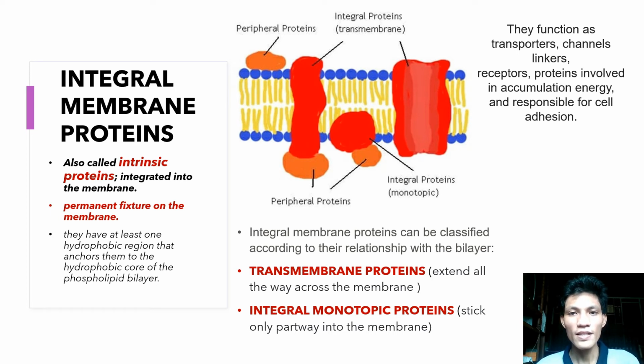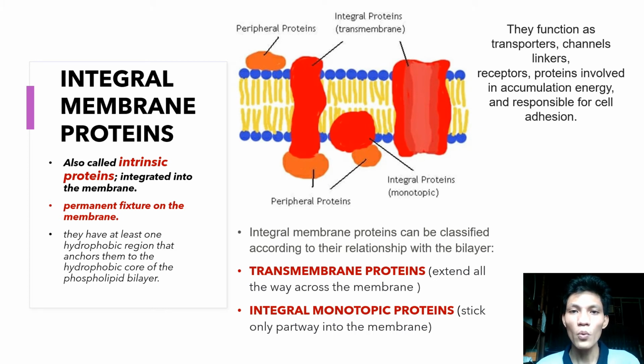Note that they have at least one hydrophobic region that anchors them to the hydrophobic core of the phospholipid bilayer. They function as transporters, channel linkers, receptors, proteins involved in energy accumulation, and responsible for cell adhesion. Integral membrane proteins also can be classified according to their relationship with the bilayer.